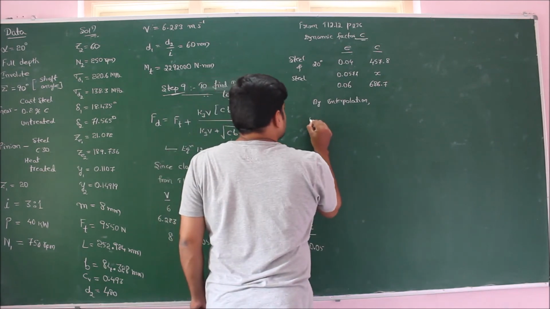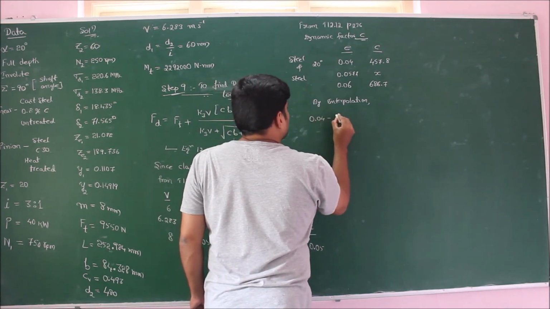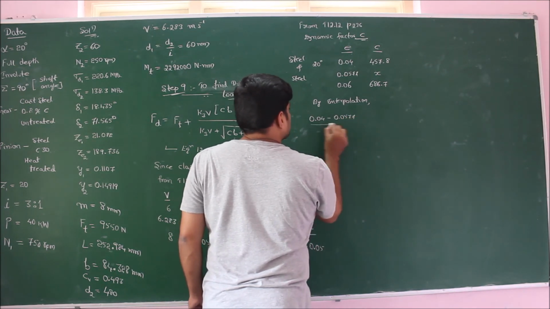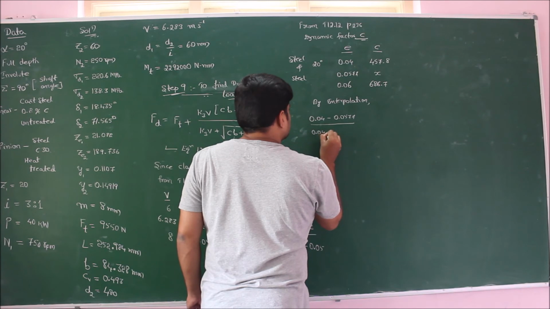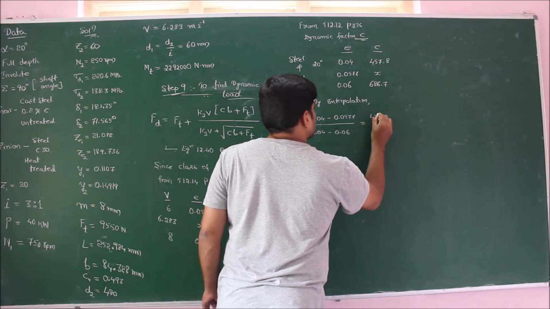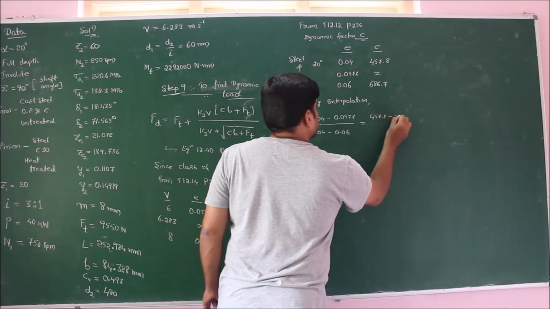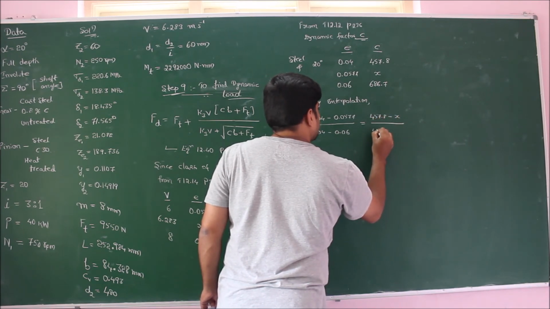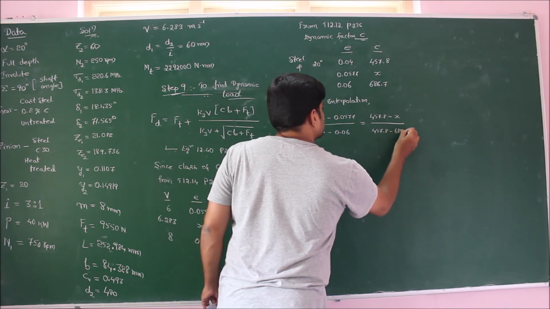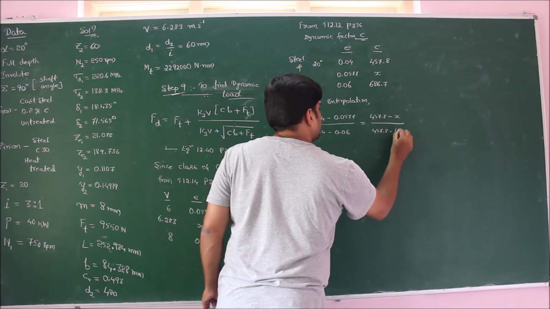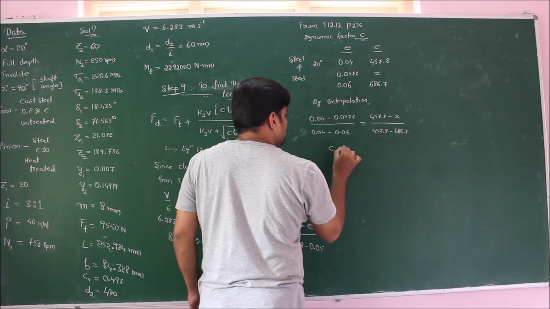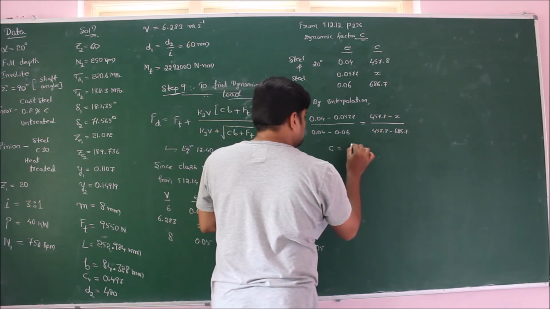That is, (0.04 minus 0.0577) divided by (0.04 minus 0.06) is equal to (457.8 minus C) divided by (457.8 minus 686.7). If I solve using calculator, I will get the value of dynamic factor C as 660.